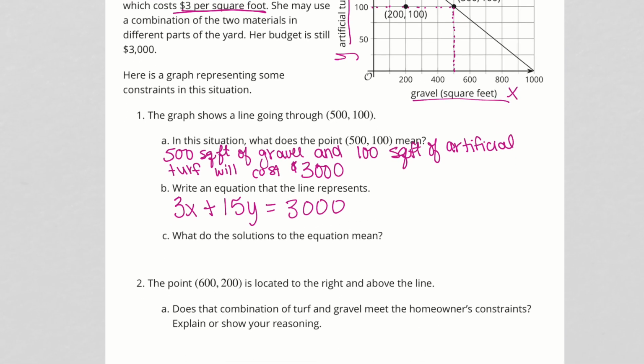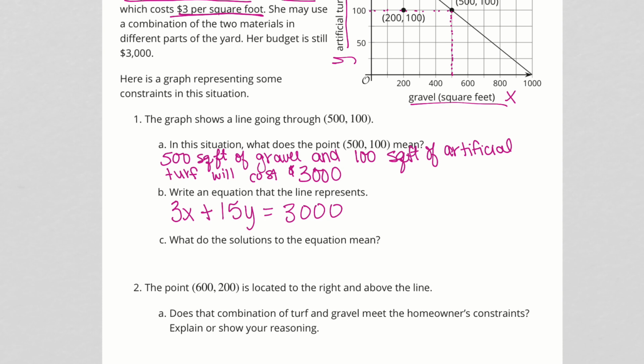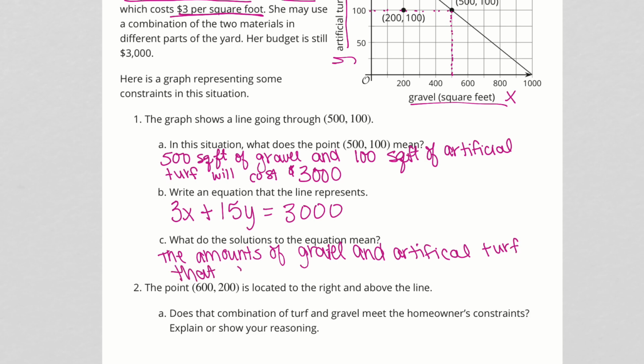The solutions mean the amounts of gravel and artificial turf that can be installed for $3,000.